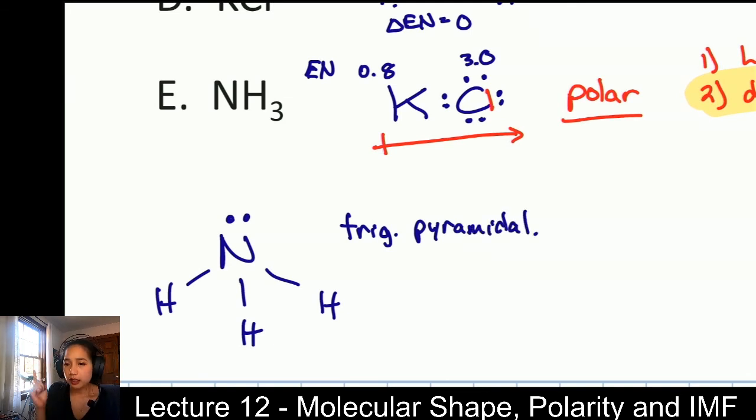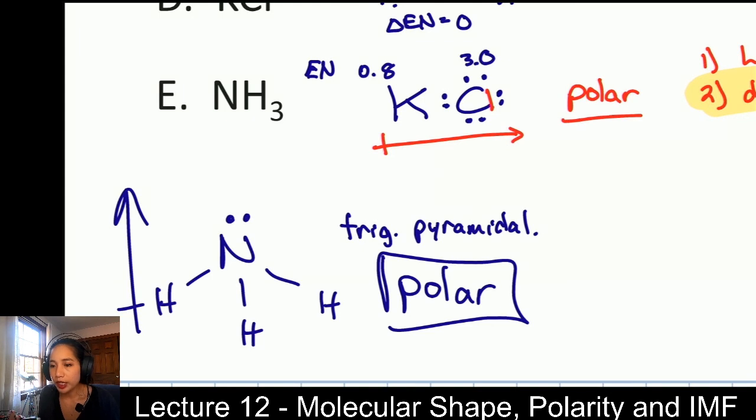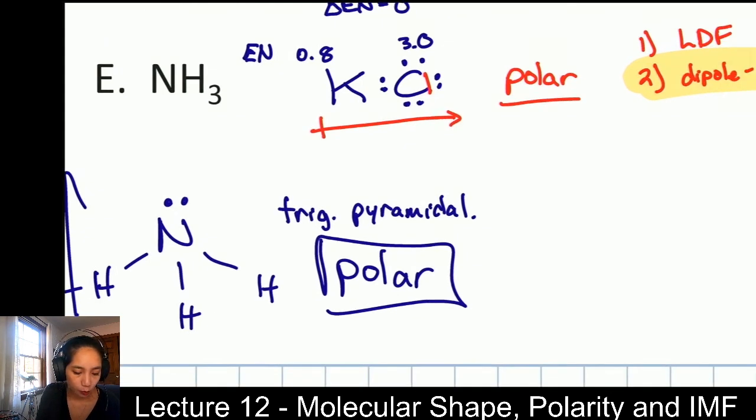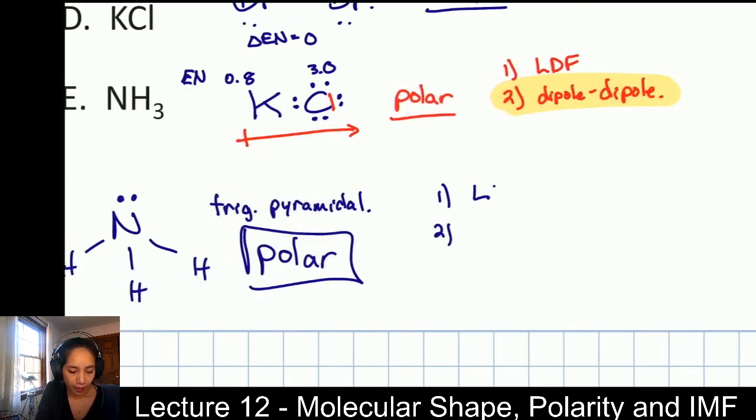That lone pair is disrupting our symmetry, so this is a polar molecule. More of the electron density will reside near this lone pair than on the other side of this molecule, so there's an overall molecular dipole pointing towards the lone pair. It is polar. So if we go through all of our intermolecular forces, okay, it has LDF.